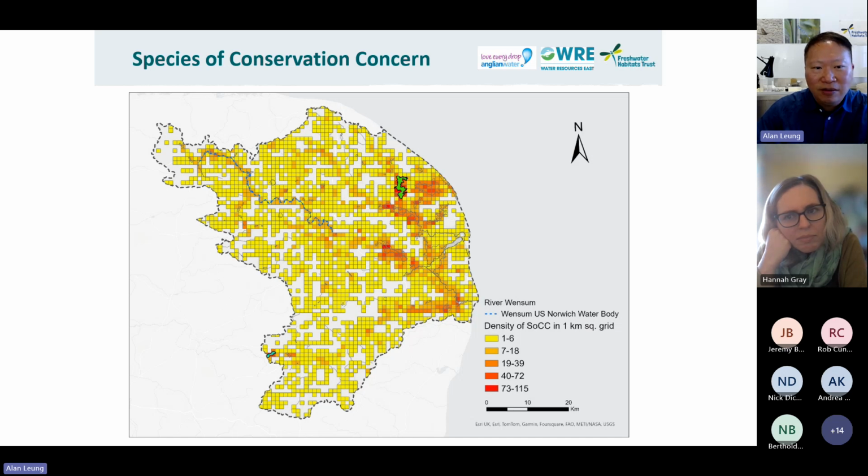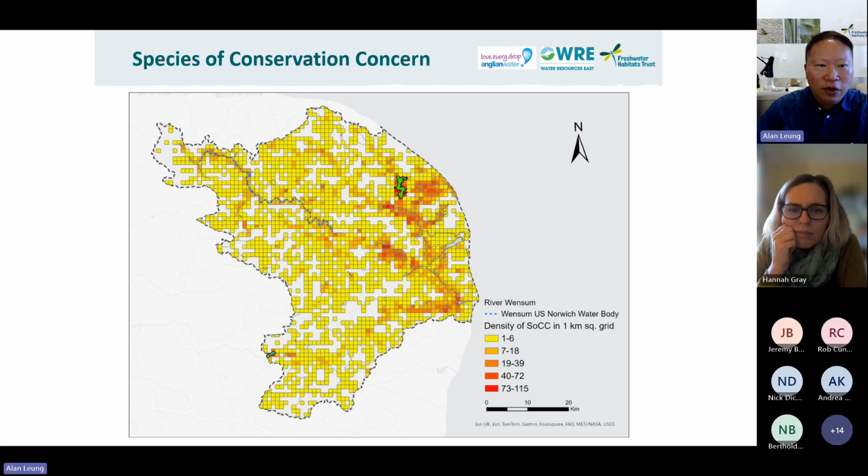Many of the grids in this SSSI have more than 100 species of conservation concern. Some areas along the river or even in the headwater area, this is the Redgrave and Lopham Fen SSSI, also have a higher concentration of species of conservation concern.